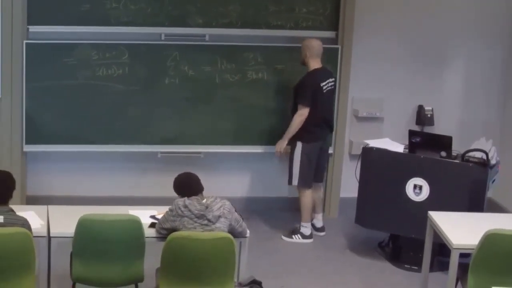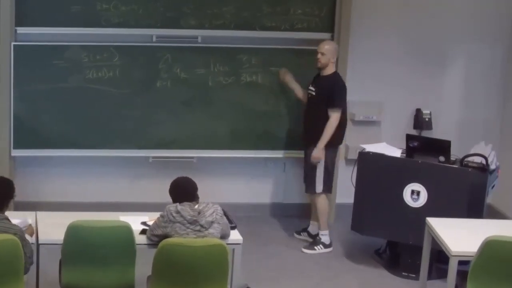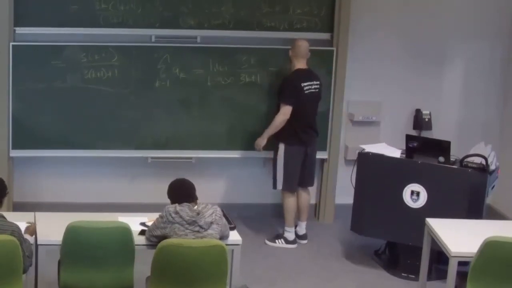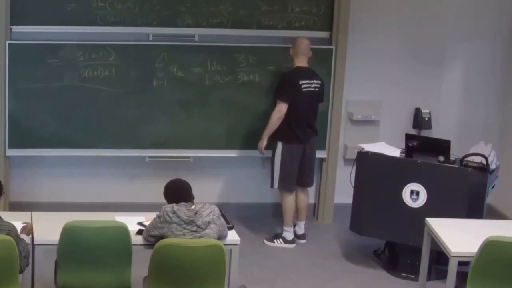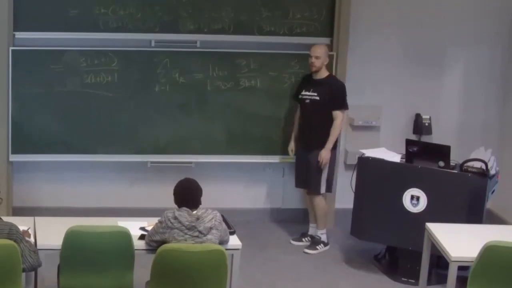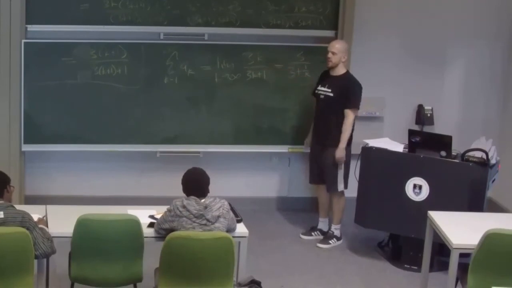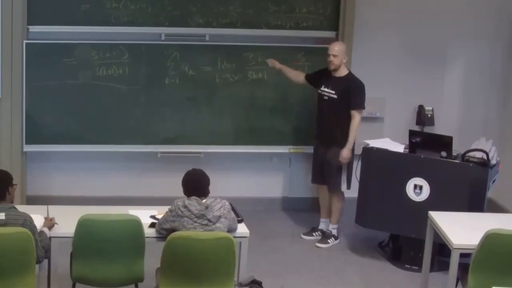So what is this limit? My favorite way, since I saw people doing lots of different things like L'Hopital's, is to write 3 over 3 plus 1 over k. Divide by powers of k in the numerator and denominator, especially with a nasty long polynomial. Imagine a polynomial with 15 terms; I don't want to take the derivative of all those terms.